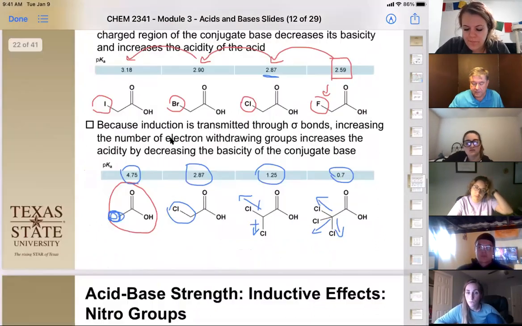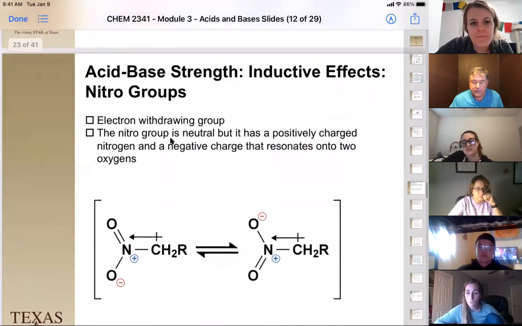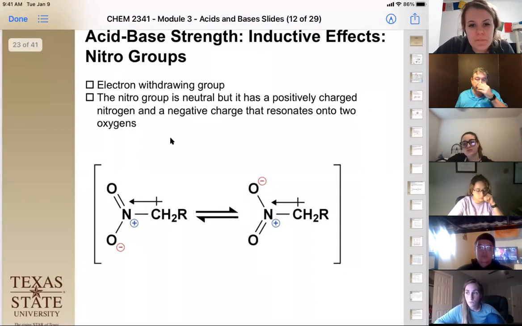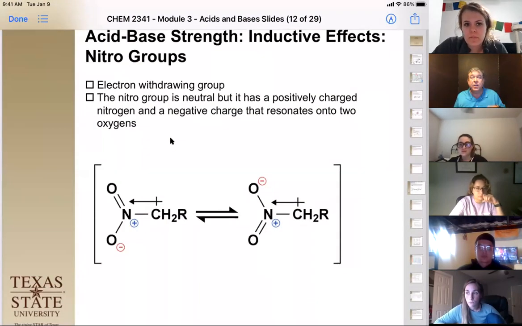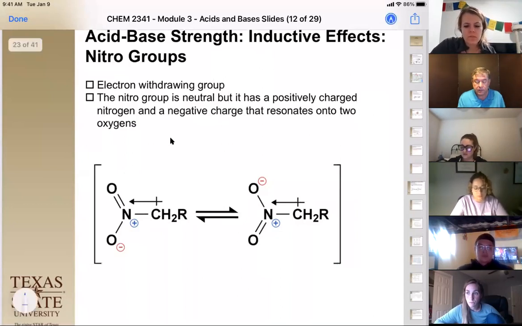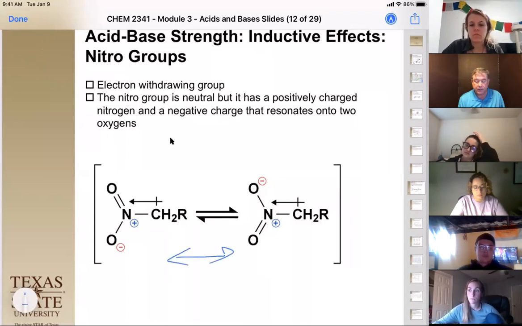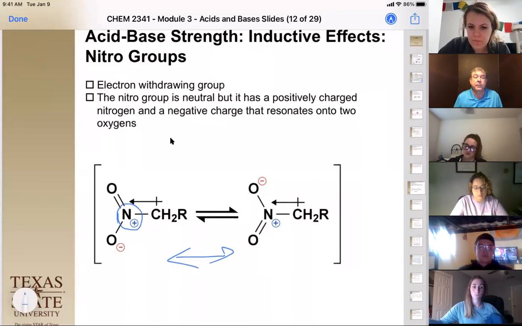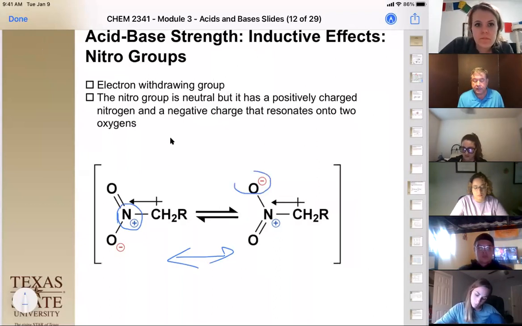Okay, so let's talk about another electron withdrawing group right here. A nitro group is also a very strong electron withdrawing group. And it's not because it is more electronegative. It's because when we draw the resonance structures and draw our Lewis dot structure and assign formal charge to the nitro group, no matter which resonance structure we're in, we have a positive charge on nitrogen and a negative charge on the oxygen here.